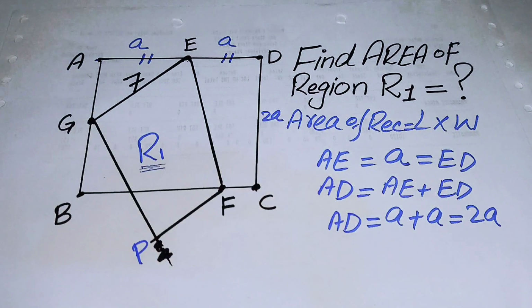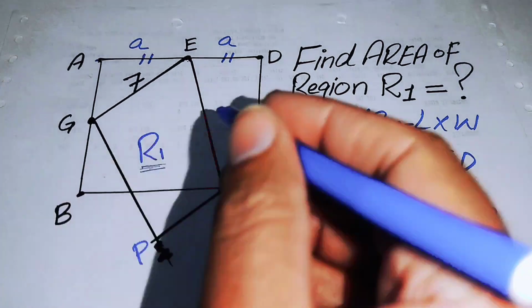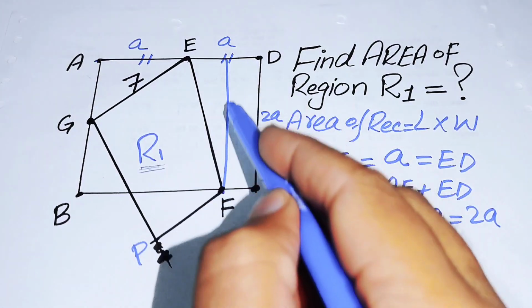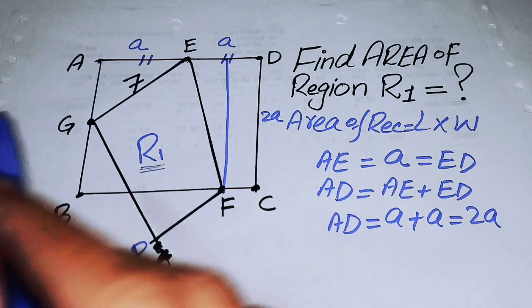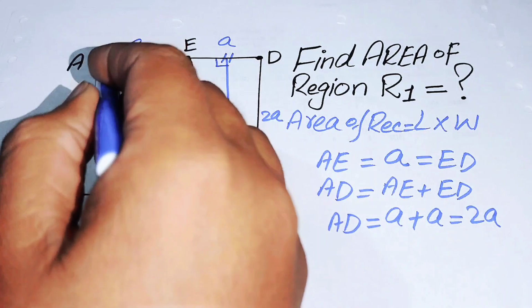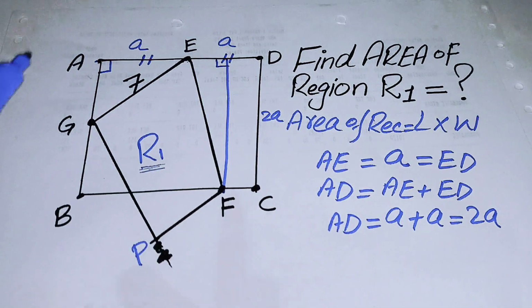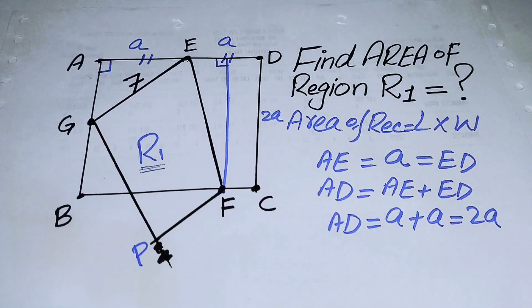In the next step we draw a perpendicular from side AD to point F. This is a perpendicular line from the side AD to the point F, so it makes this angle 90 degrees, and all the angles of a square are 90 degrees, so this angle will also be 90 degrees.